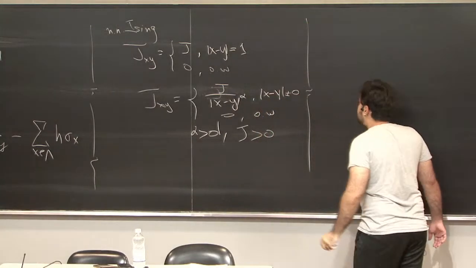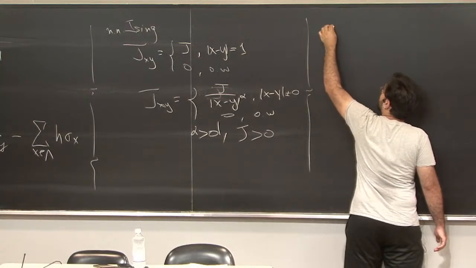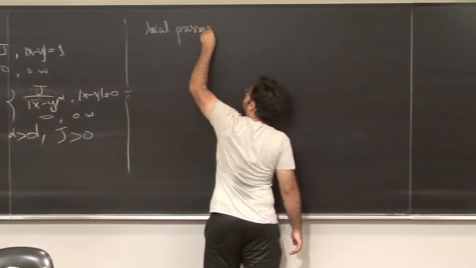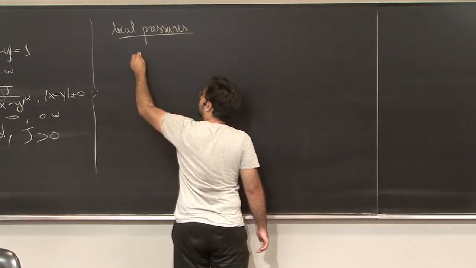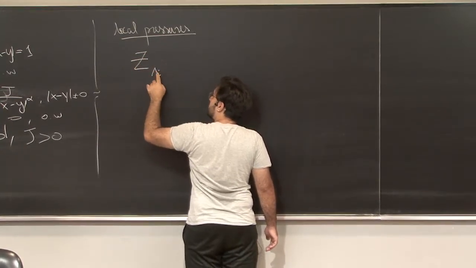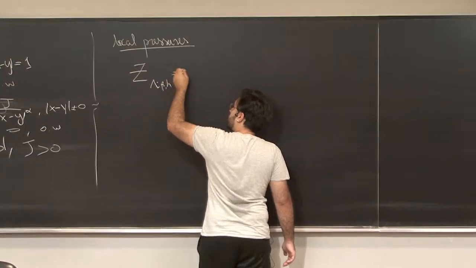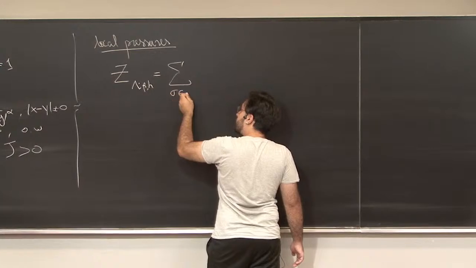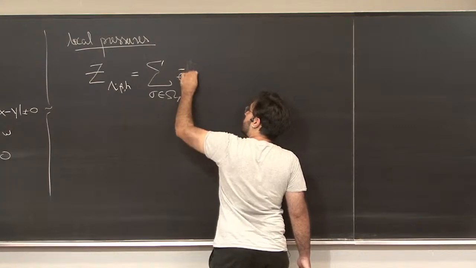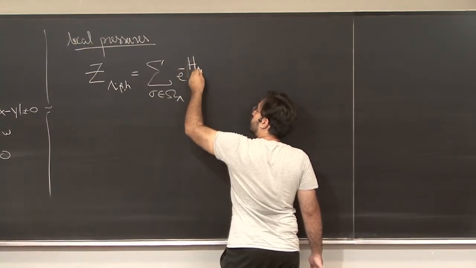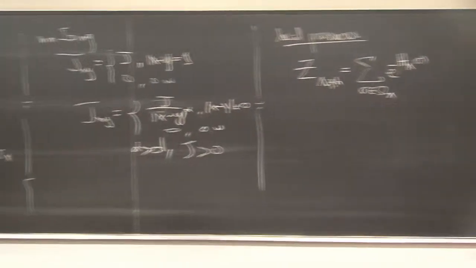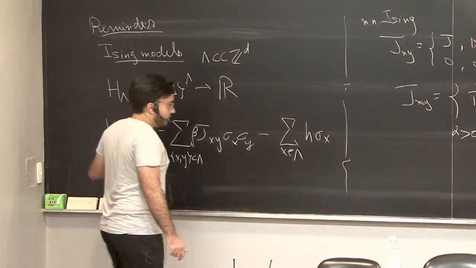We defined the local pressures using the partition function. So the partition function depends on the finite set, on beta and h, and it's just the sum over all possible configurations of the exponential of minus the Hamiltonian of Lambda, sigma, where we make the dependence on beta and h explicit in this way.